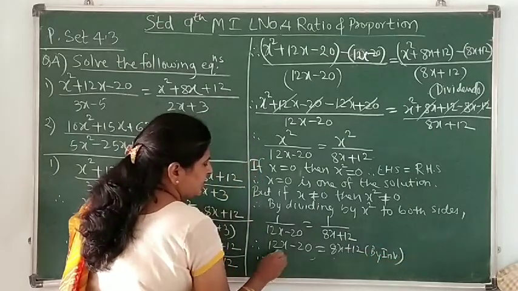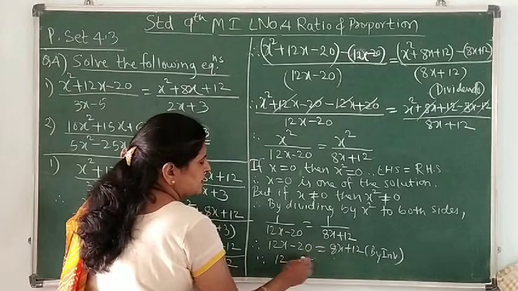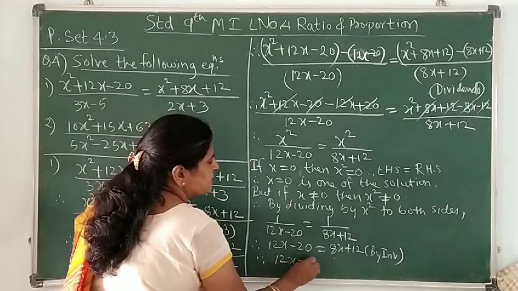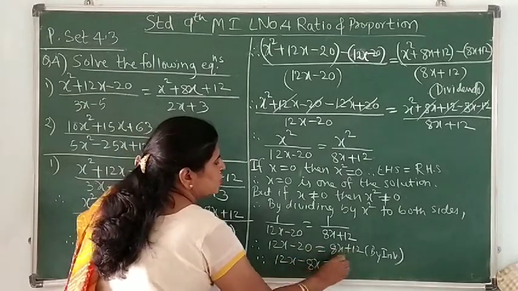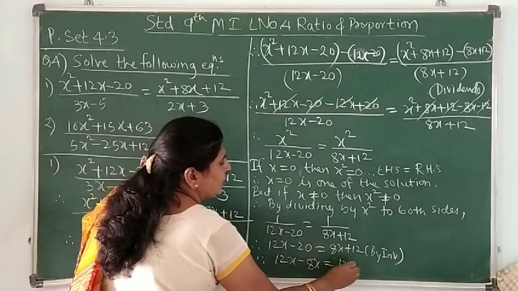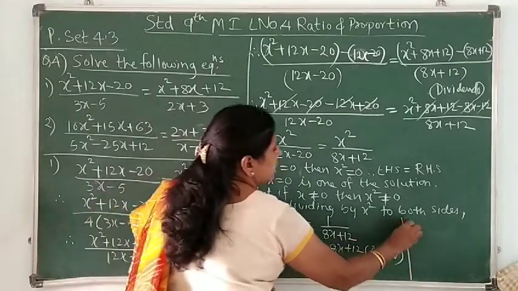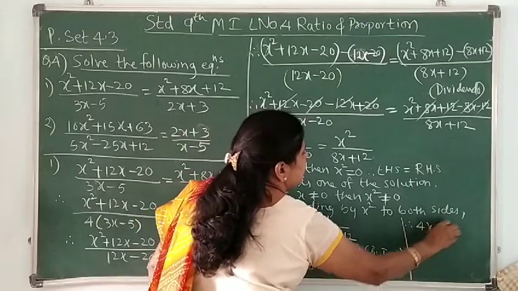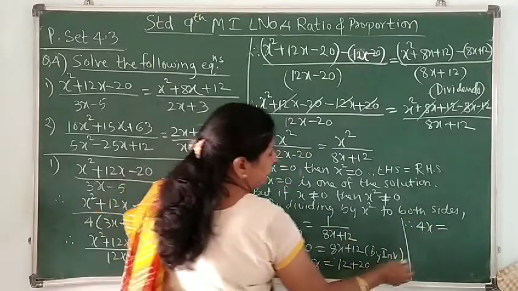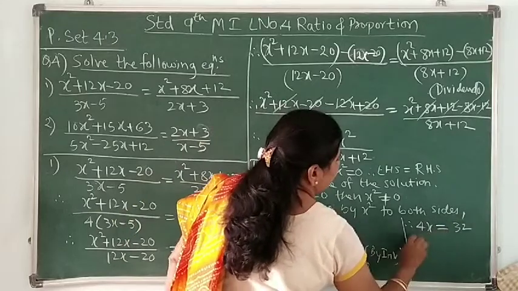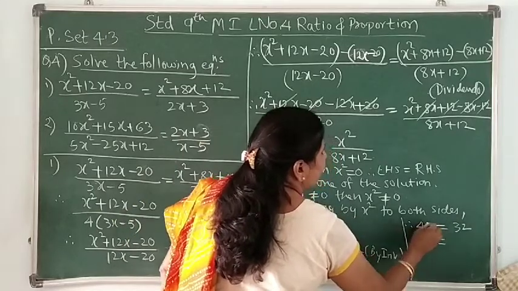Now taking 12x and 8x to one side, 12x minus 8x is equal to 12 minus 20 going to that side is plus 20. That is why 12x minus 8x, that is 4x, is equal to 20 plus 12, that is 32, and hence x is going to be 32 divided by 4. How many 4s are in 32?